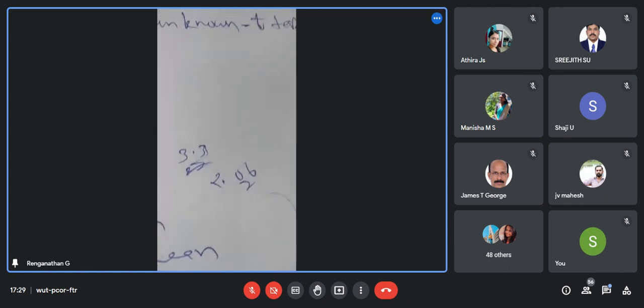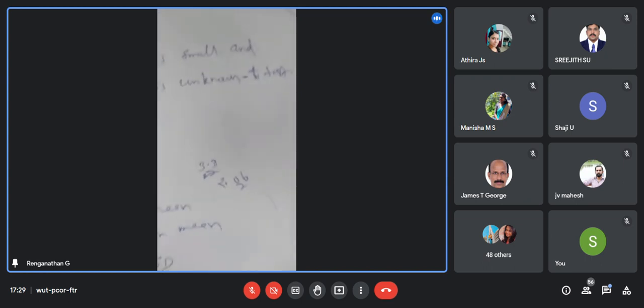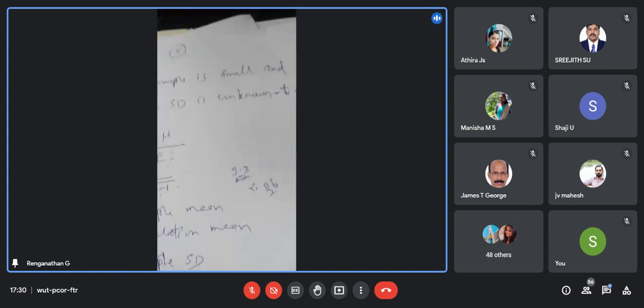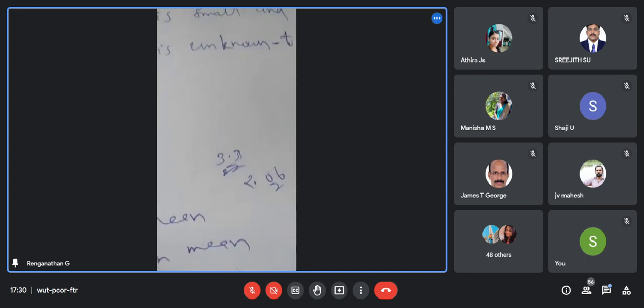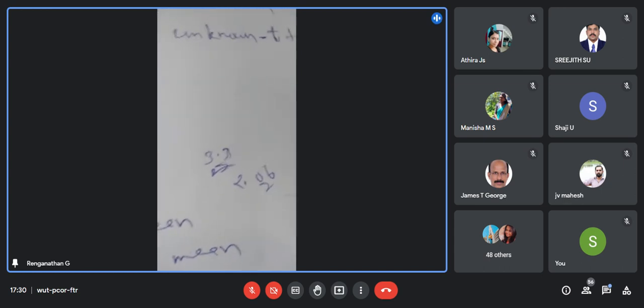Okay. In this case, the calculated value is greater than the table value. The calculated value 3.3 is greater than the table value 2.06. Since it is greater, we have to reject the null hypothesis. We have to reject the null hypothesis. Okay. We have to write a sentence like that.